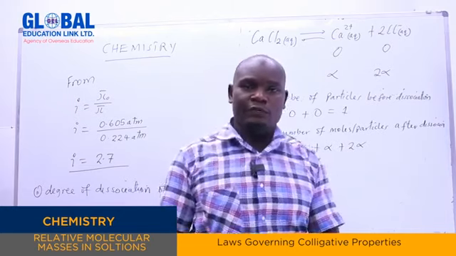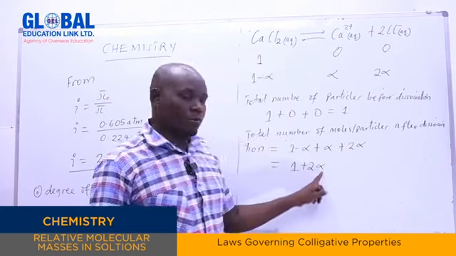So the total number of moles after dissociation is 1 plus 2 alpha.